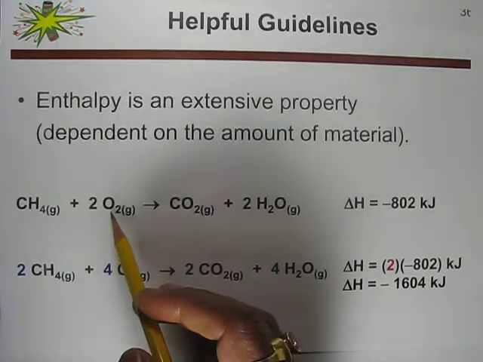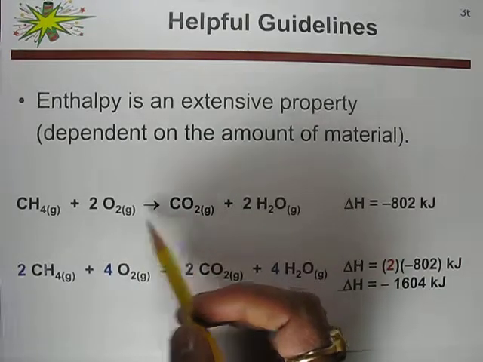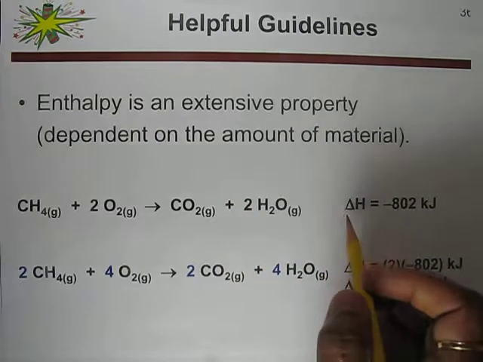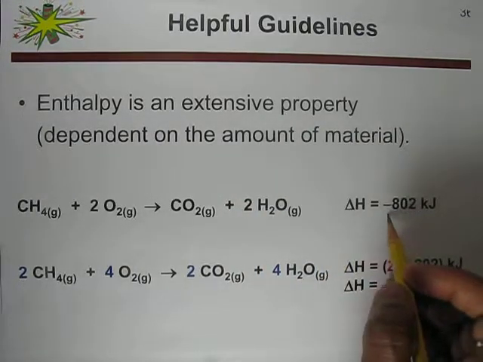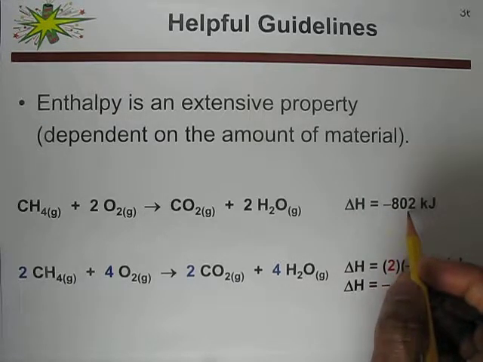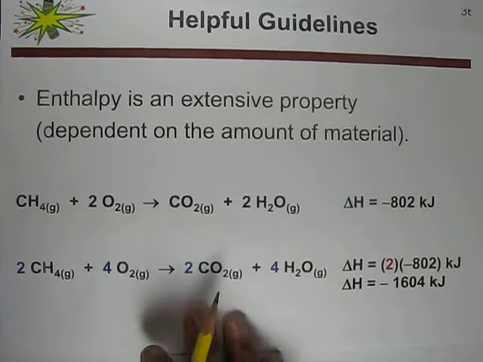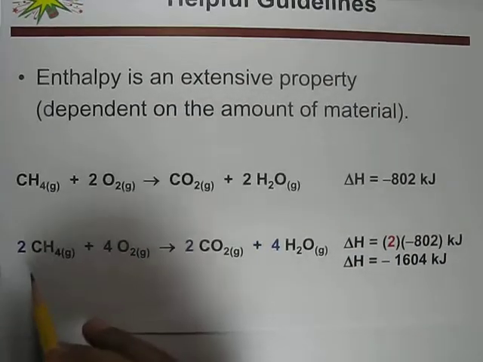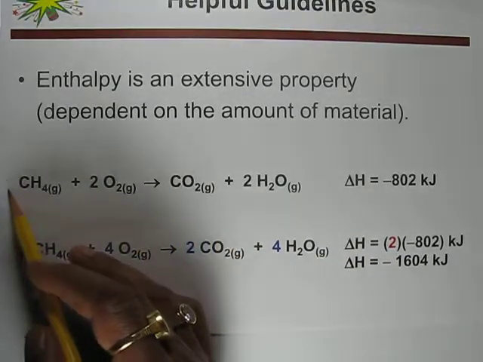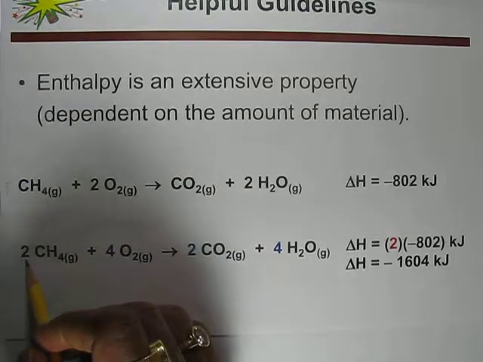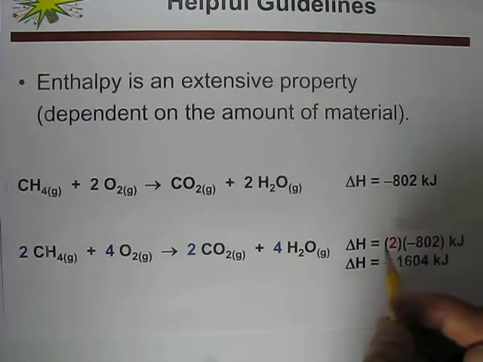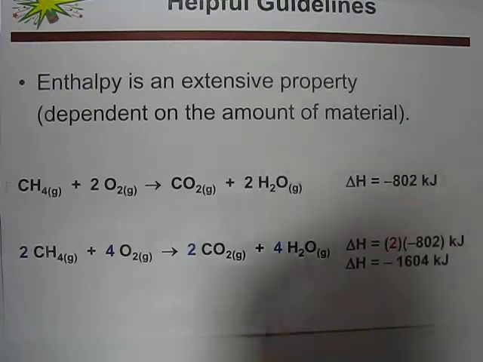When methane gas is combusted, it produces carbon dioxide gas and water molecules, and it is an exothermic reaction because delta H is negative, producing 802 kilojoules of heat. This reaction shows 1 mole of methane gas, and if we take 2 moles of methane gas, the amount of energy produced will also be double in quantity.